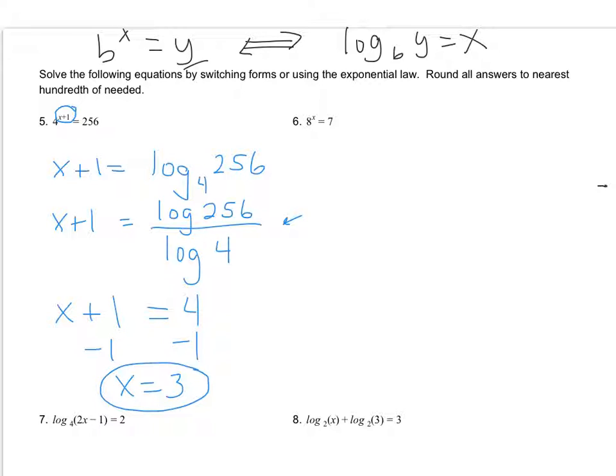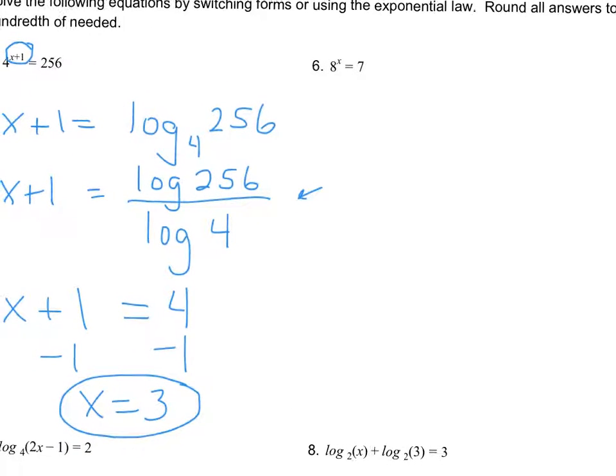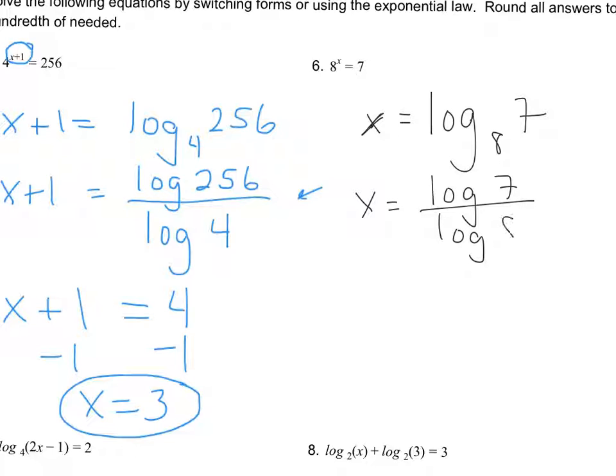Okay, let's look at number 6, which says 8 to the x equals 7. Very similar kind of problem, where we'll change it to log form. So the exponent goes by itself, x. This is log base 8 of 7. So this would be log of 7 divided by log of 8.